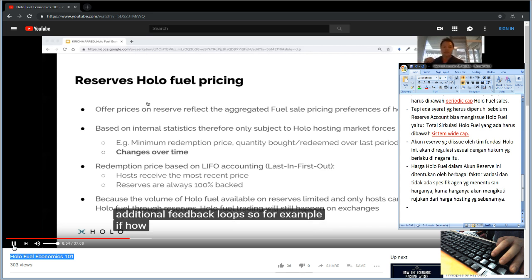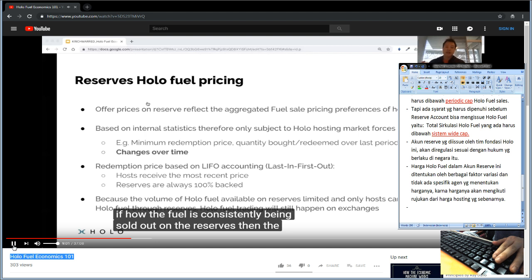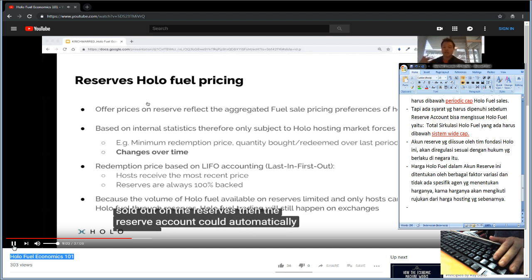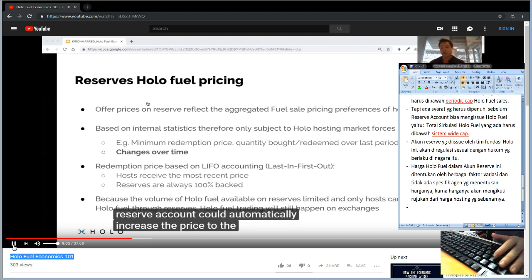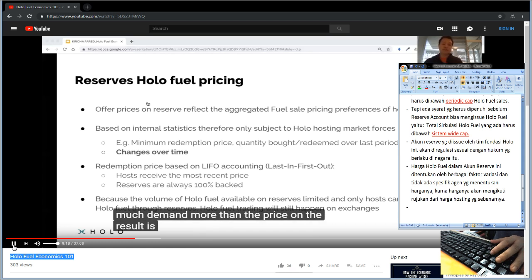So, for example, if Holo Fuel is consistently being sold out on the reserves, then the reserve account could automatically increase the price to the 80th percentile or above, because it's an indicator that there is too much demand, well, that the price on the reserves is too low.